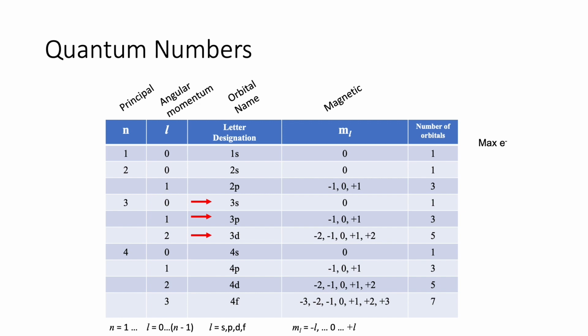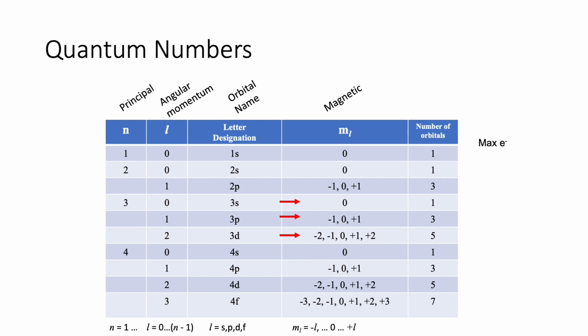The magnetic quantum numbers can be 0 for the 3s, -1, 0, and +1 for the 3p, and -2, -1, 0, +1, +2 for the 3d.